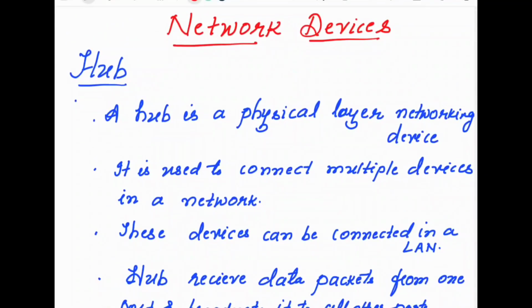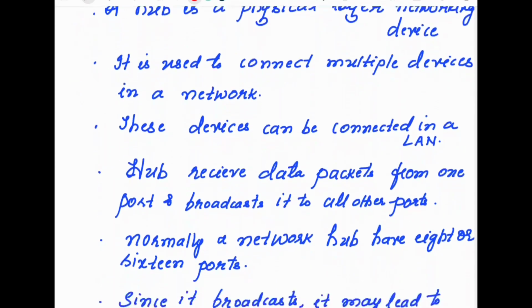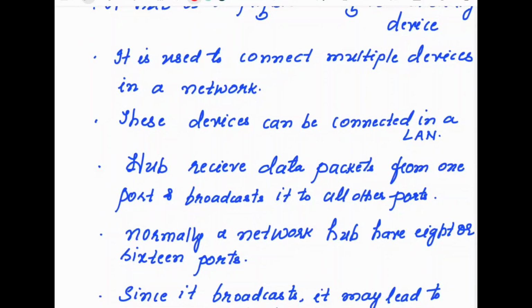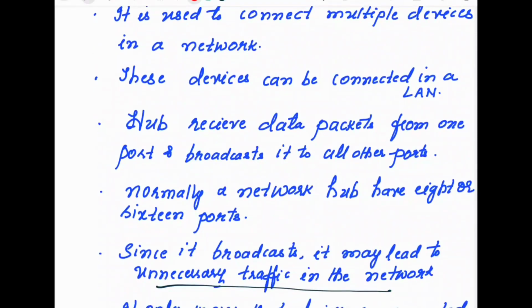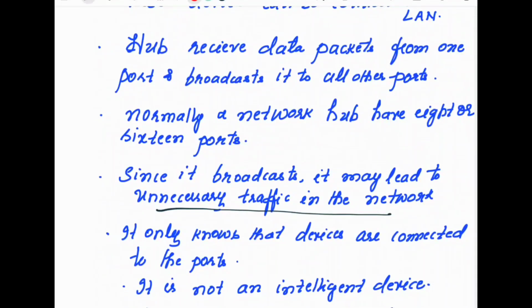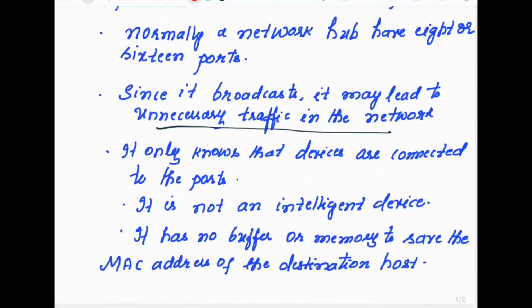So the main points you just remember here. One is that it is a physical layer networking device. That means it operates on the physical layer, and you can connect multiple devices, and you can use it only in a local area network. One important feature of hub is it is going to broadcast to all the other ports, and it may have 8 or 16 ports normally, but we have even the 4-port hub available.